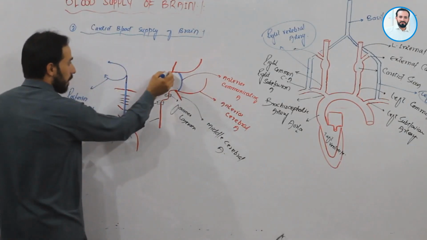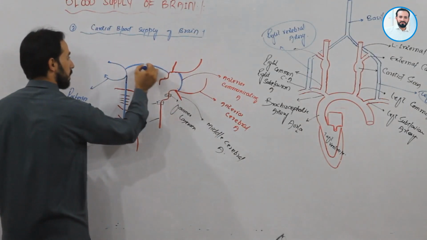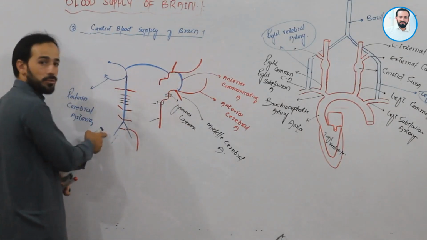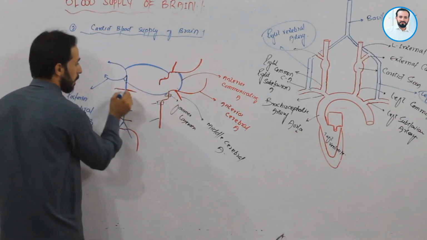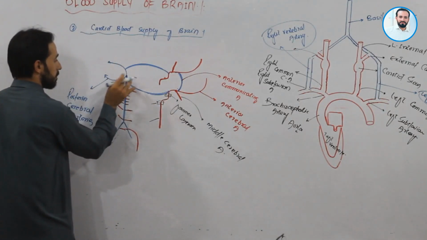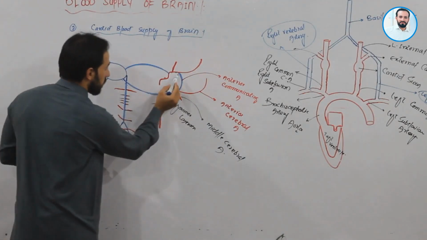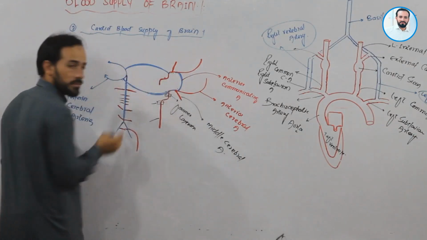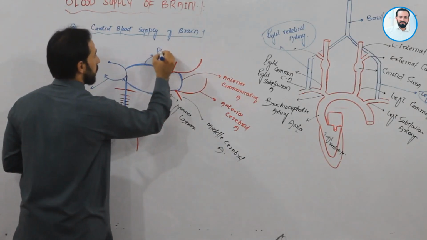Now look, here is a branch coming like this, and this branch is communicating the anterior system to the posterior system, and on the left side also, right? So from here up to here like this system. This was the anterior communicating artery.